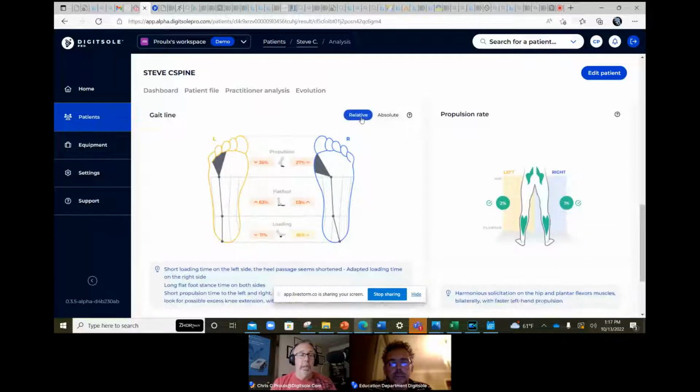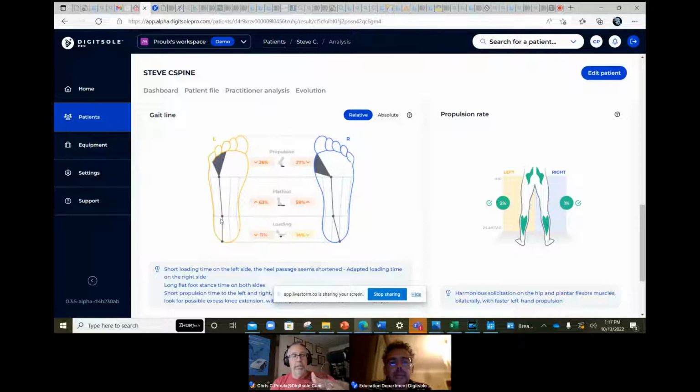So what we're looking at here is he heel strikes fairly normal, or at least it looks like he does, and then he actually stays on the lateral aspect of the foot, and he never goes back into supination to transfer his weight, his center of mass, over onto that first and second ray.